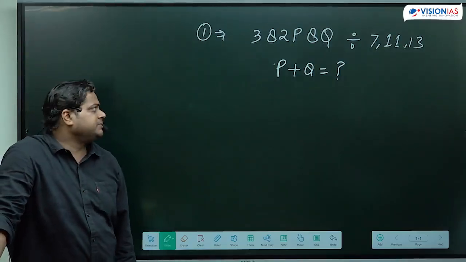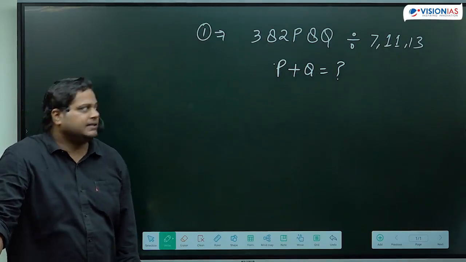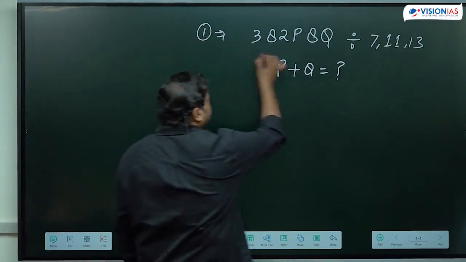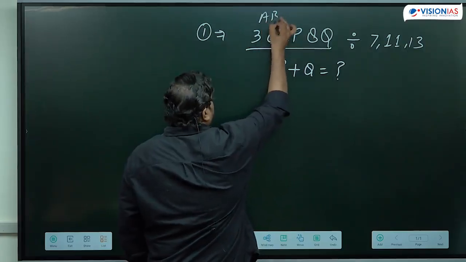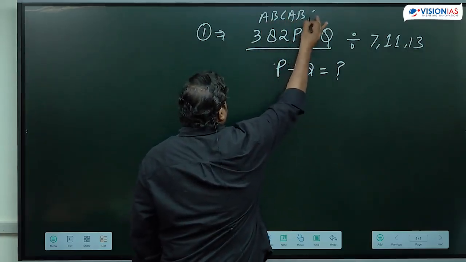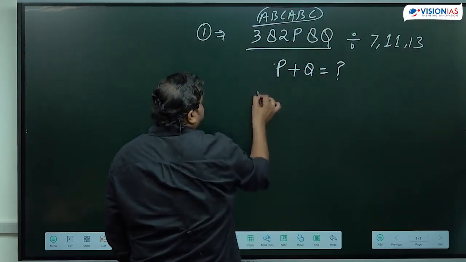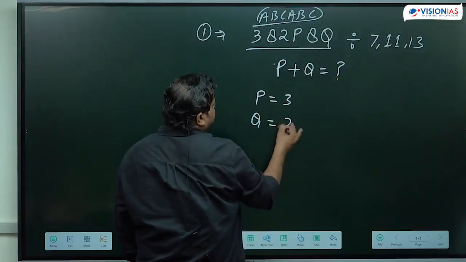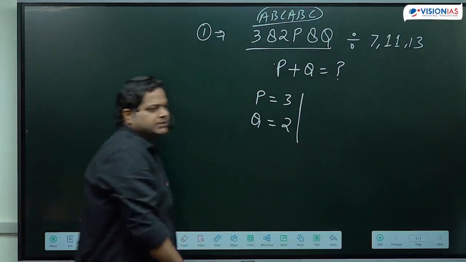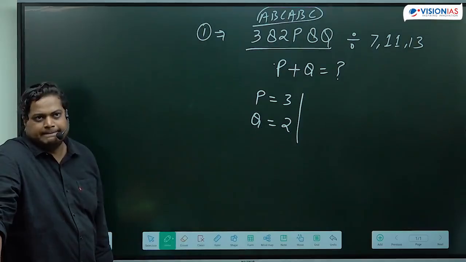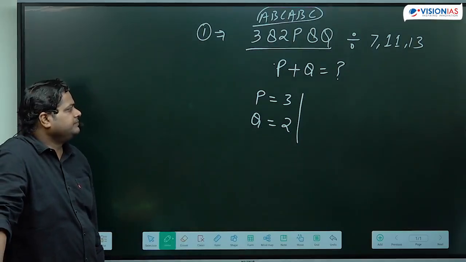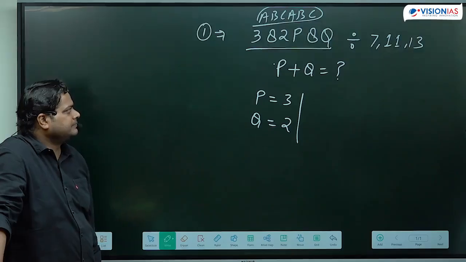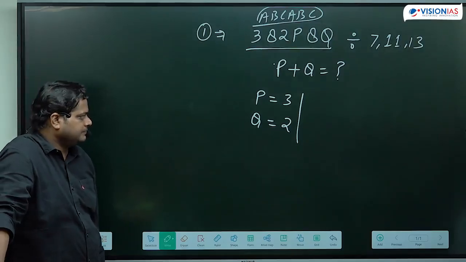If a number is divisible by 7 11 and 13, that means that number must be in the form of ABC ABC. तो यहां पे P की वैल्यू 3, Q की वैल्यू 2. क्या हो जाएगा P plus Q? 3 plus 2, 5. ठीक है.